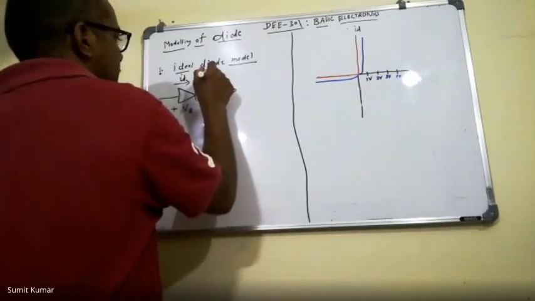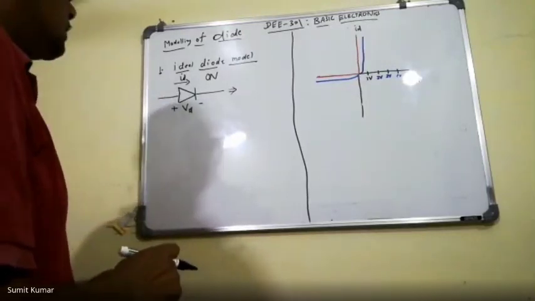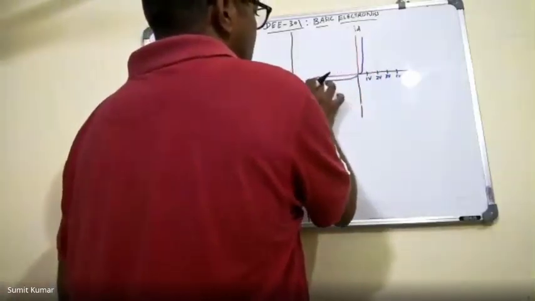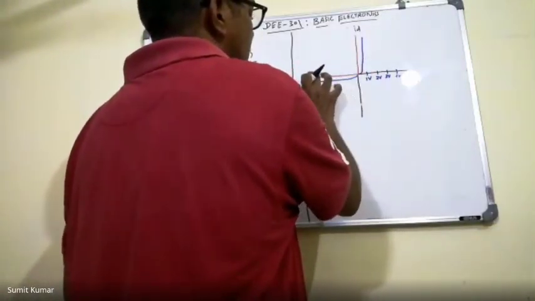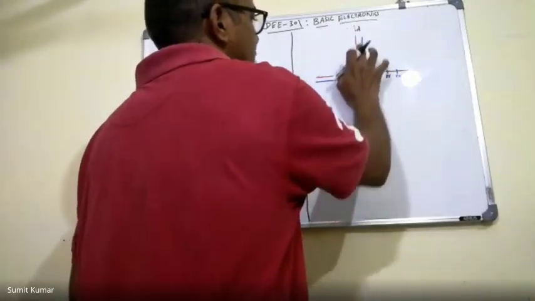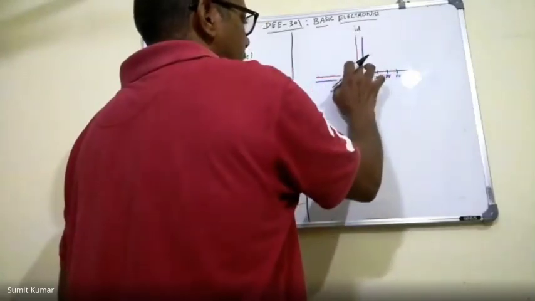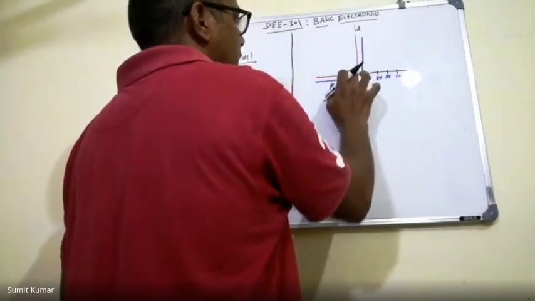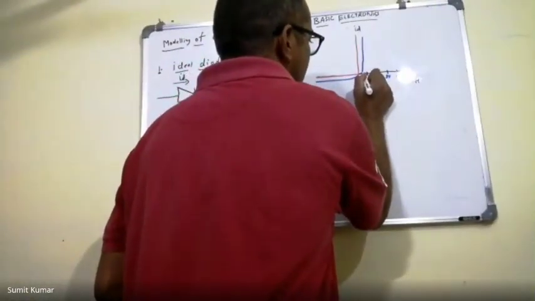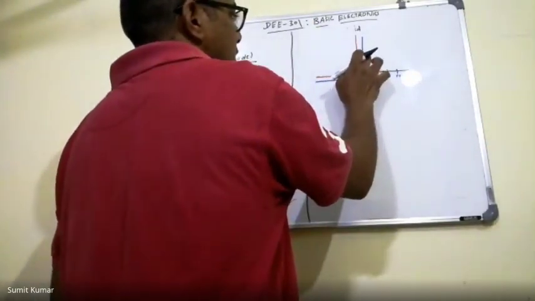So in the on condition, when the diode is conducting, in the previous class we learned about this ideal diode model, in which we approximate this curve as two perpendicular straight lines. Here you can see we have approximated this non-linear curve with a straight line, and this value is 0.7 volt, very near to the y-axis.